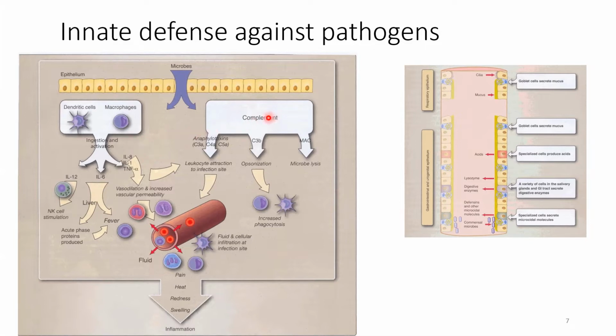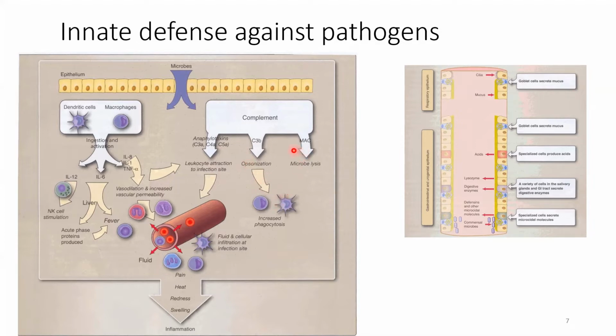We have complement that uses the anaphylatoxins C3a, C4a, C5a in order to attract leukocytes, and the majority of the leukocytes that migrate to the site of infection are neutrophils. We can use C3b to deposit on the bacterial cell and let the phagocytic cell adhere better, forming opsonization and phagocytosis.